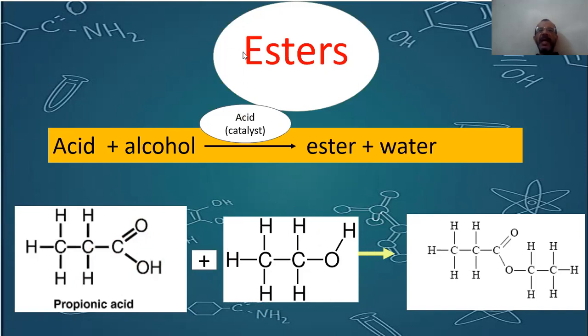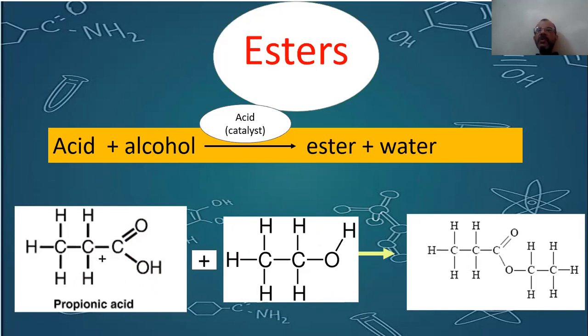Here you have alcohol. You have O and H here. 1 oxygen atom only. So alcohol has 1 oxygen atom. Acids have 2 oxygen atoms. And as I told you, one of them is OH, another one is a double bond.